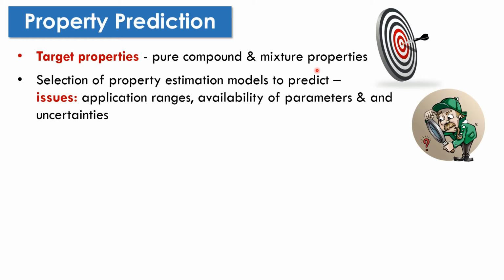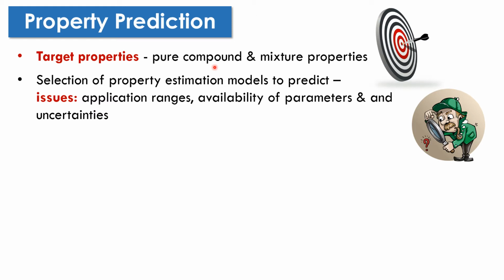In order to predict the target properties, we need to use property estimation models or property prediction models. Of course we need to do some literature search to find the available property prediction models for the target properties that we set.